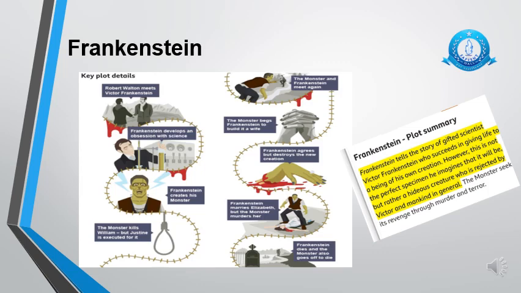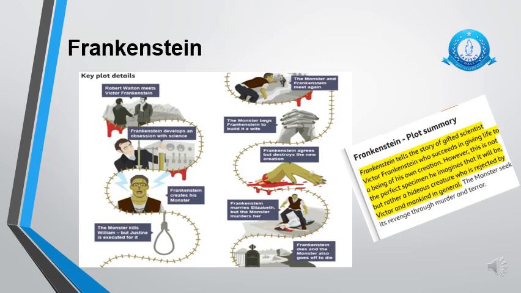That monster, that being, was rejected by Victor and is rejected by everyone. The monster seeks its revenge through murder and terror. The monster gets very upset that the one who created him has himself rejected him. So when he got very upset, he starts taking revenge through murder and terror. So this is basically the summary of this story.